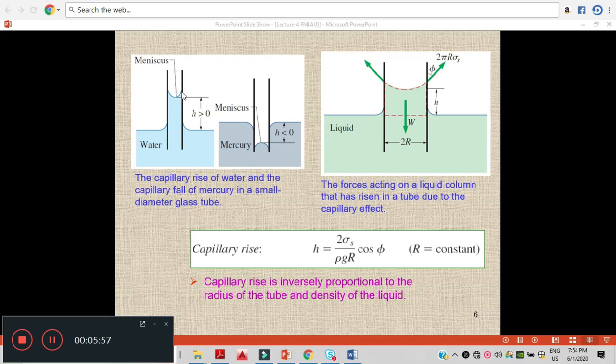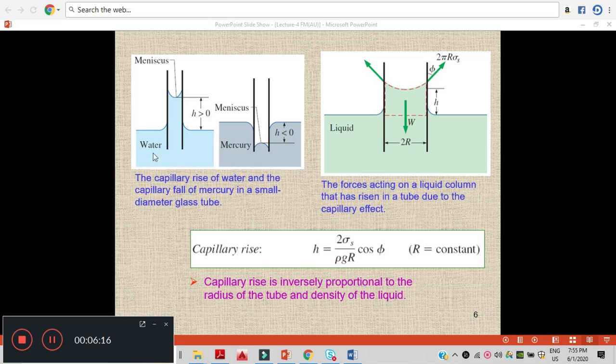Here it is wetting the solid surface. The contact angle with the solid surface, if you make a tangent, is very small. Then it wets the solid surface and results in capillary rise. So here there is a capillary rise.